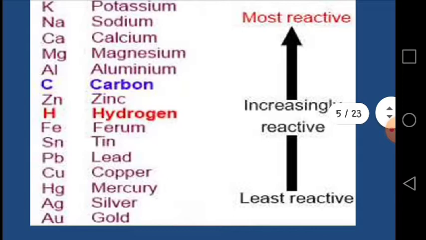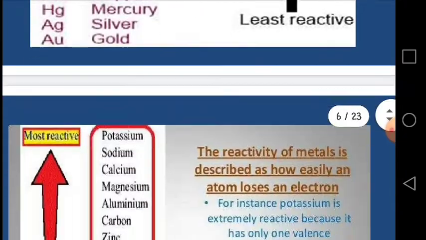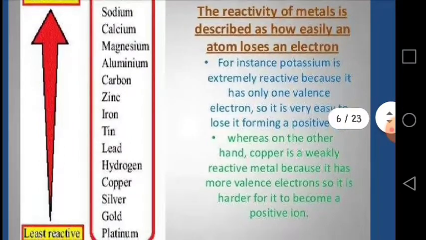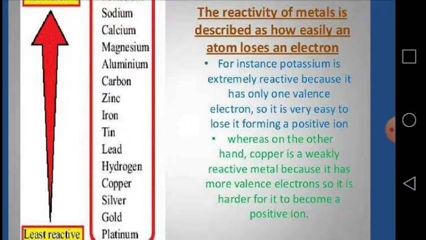The reactivity series: when we move from bottom to top, the metals become more reactive. At the bottom, the least reactive, and at the top, the most reactive metals are present. The reactivity of metals is described as how easily an atom loses an electron.